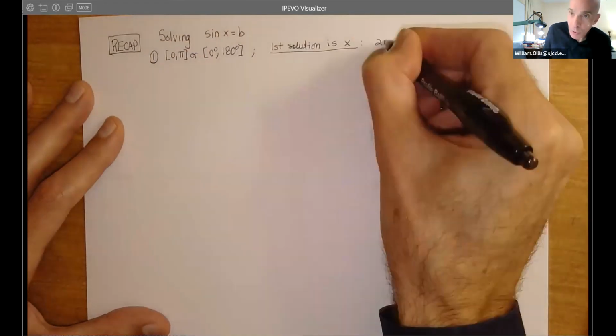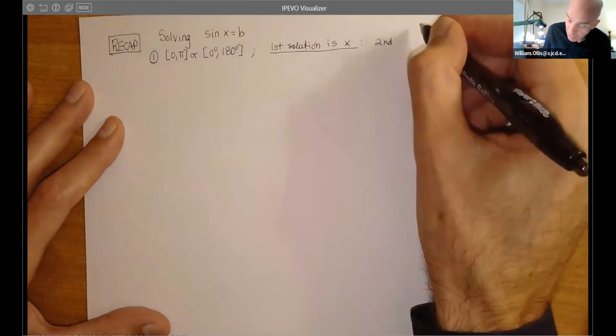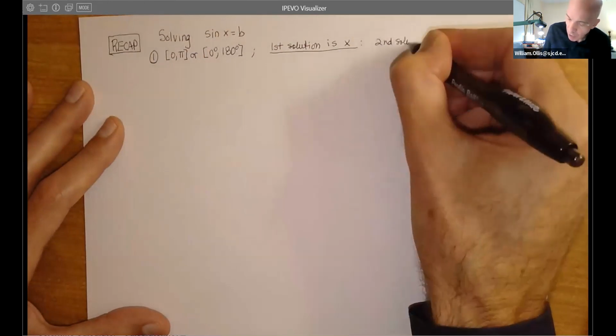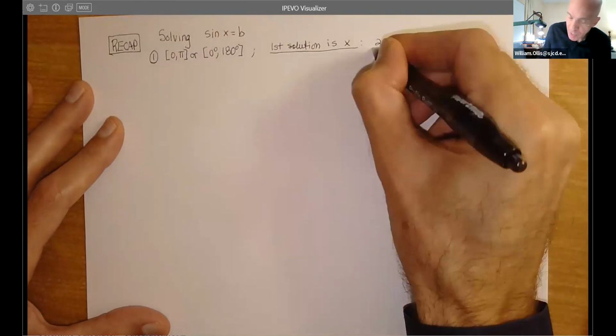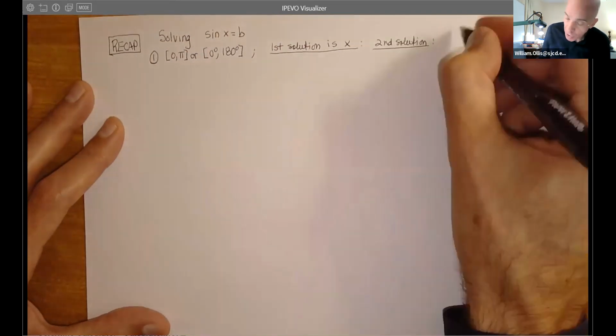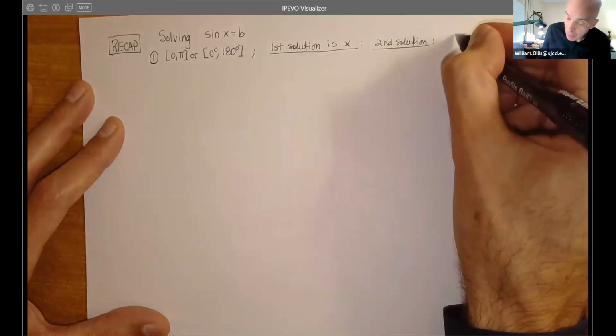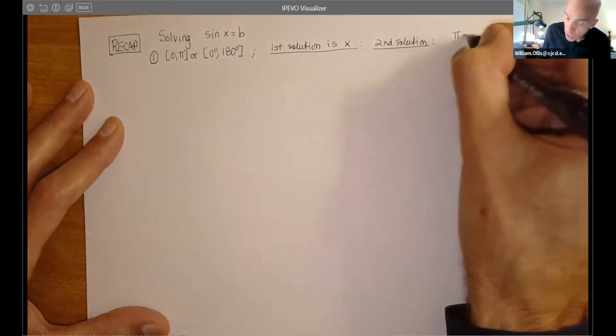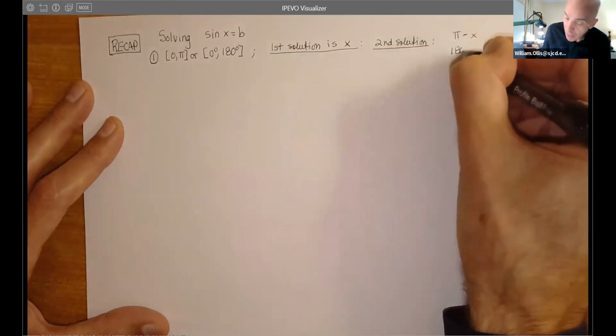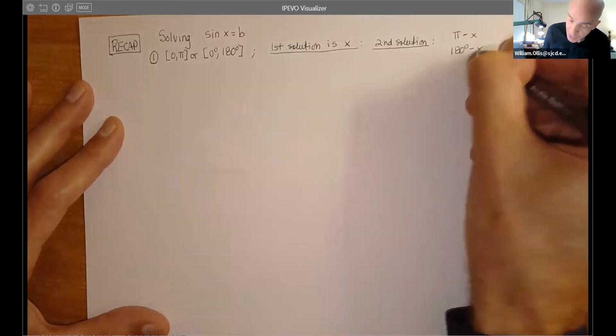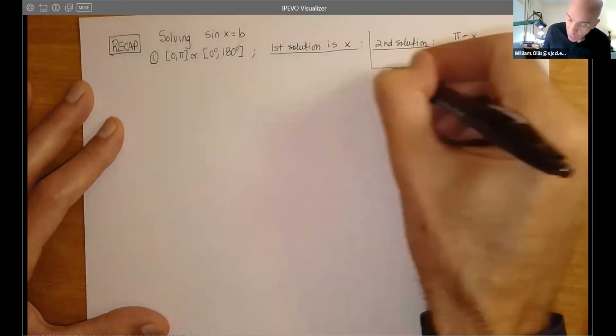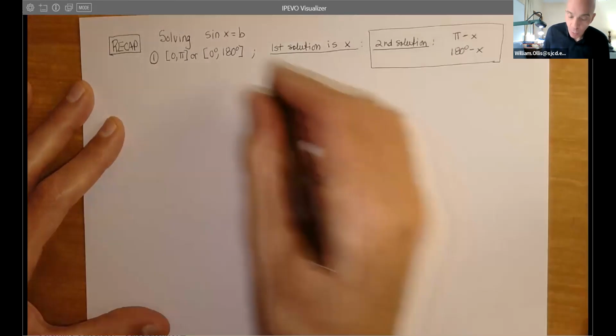Second solution, we'll just do pi minus x. I didn't prove that when I did the harder one in the lower arc, but it's the same argument. Second solution will be pi minus x, or 180 degrees minus x. So that's the second solution. This is part of Professor Ron's lemma for these equations.